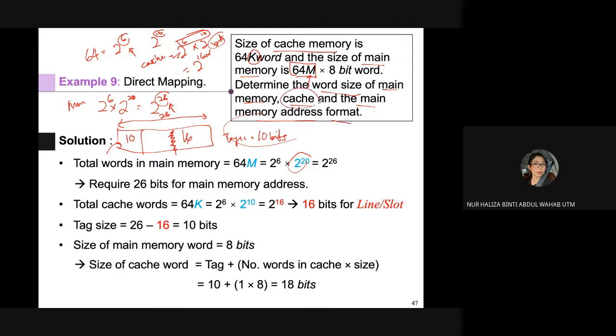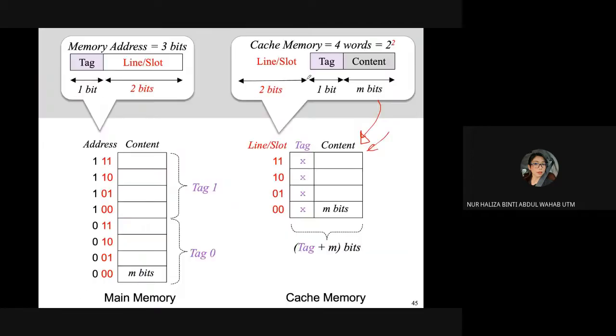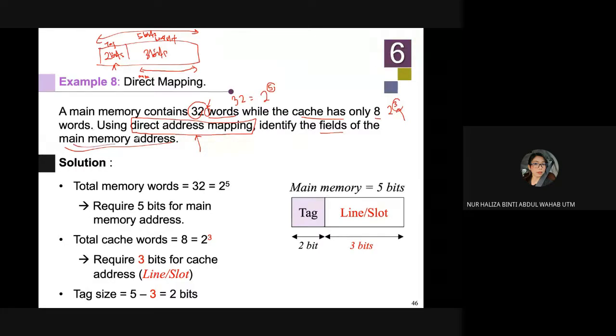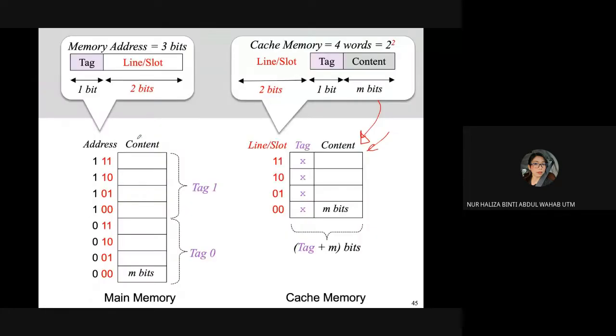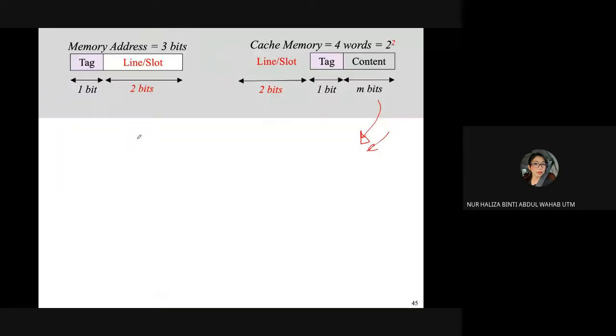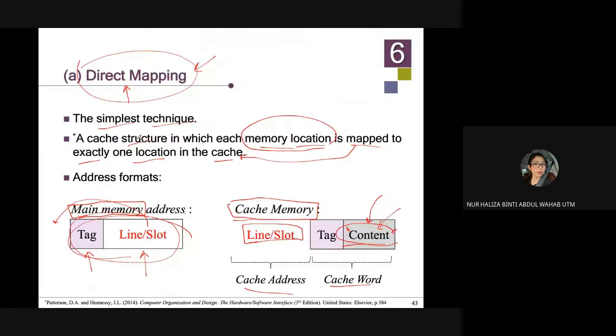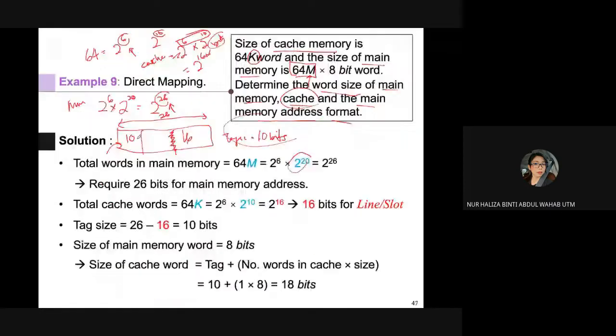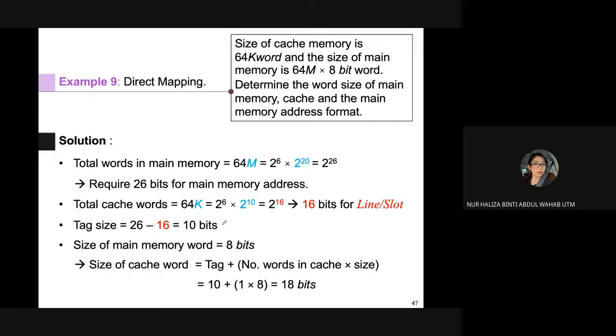Okay, so now you look, you have another one which is your cache word size. Two of the examples are only on the main memory address, which is your size for your memory. Same goes to another example. Where is it? Okay, this one. So in this example, you need to find the cache and also the main memory address format, also your main memory size. You already reached over here, and it gives you another hint.